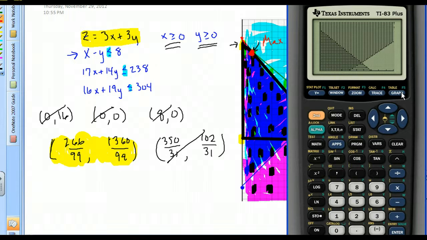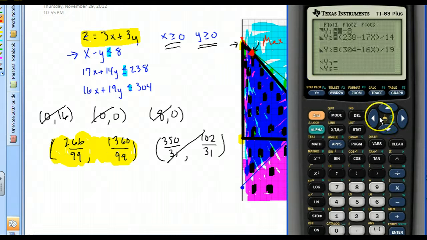Now sometimes you can see the intersections as clear as a bell. It's just because these two were so close together. You remember the y-intercept here was 16 and 17. But if it makes it hard to see where the intersections are, go back and turn the shading off. Just take it back to regular lines.